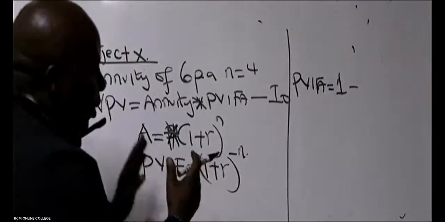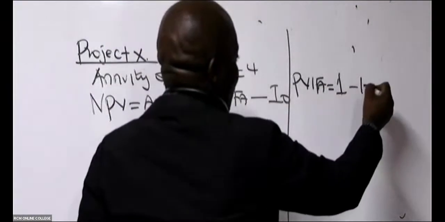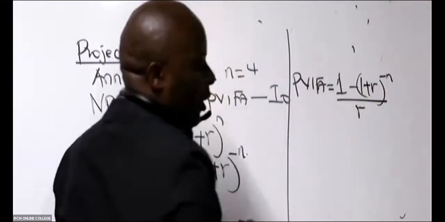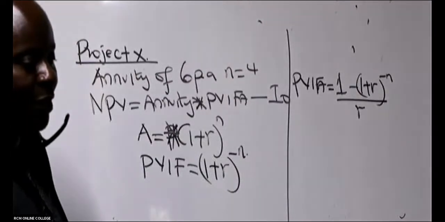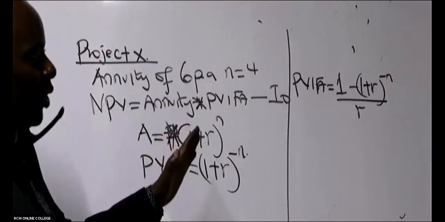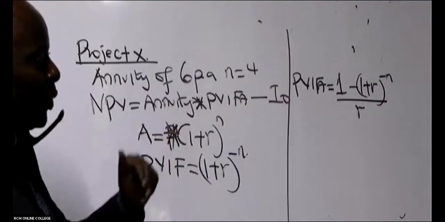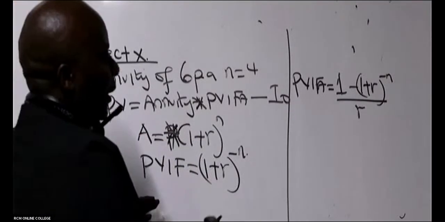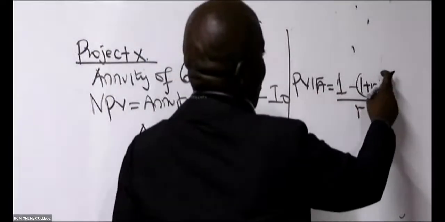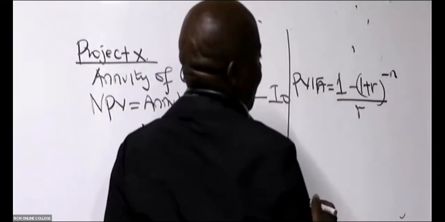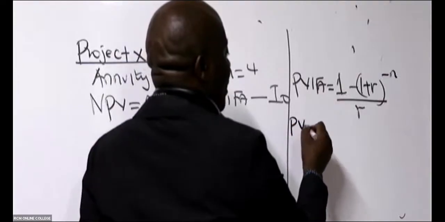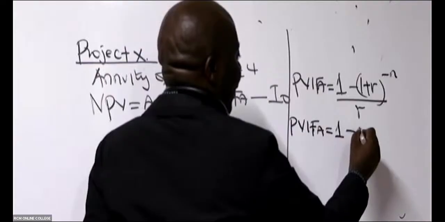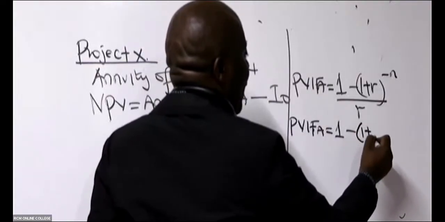The smaller formula is 1 plus R raised to negative n, everything divided by R. So this is the present value interest factor of an annuity. I would want you to copy that. So it is 1 minus 1 plus R raised to negative n, divided by R.